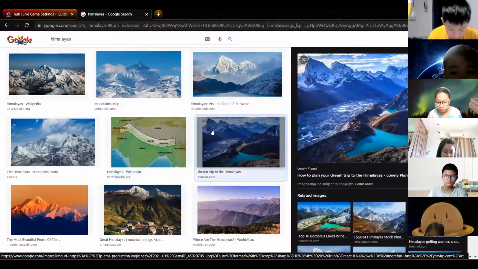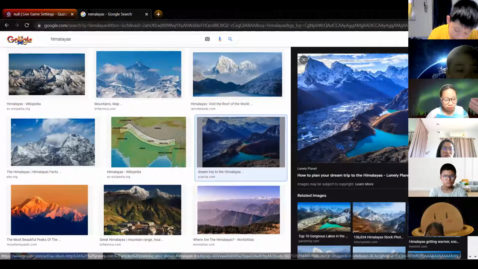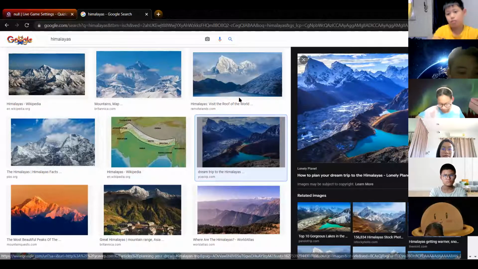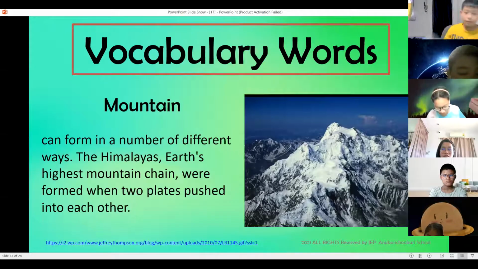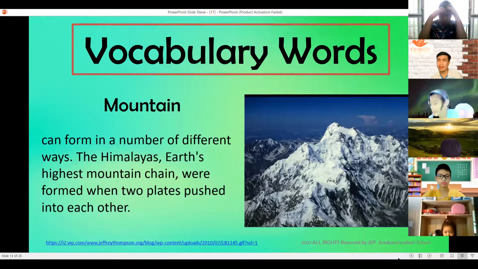It's very nice. Based on the explanation in our PowerPoint, two tectonic plates push together like this, so it forms a mountain. If there's an earthquake, the tectonic plates or the land are going to push together. When they push together, it becomes a mountain. So that is how it works.